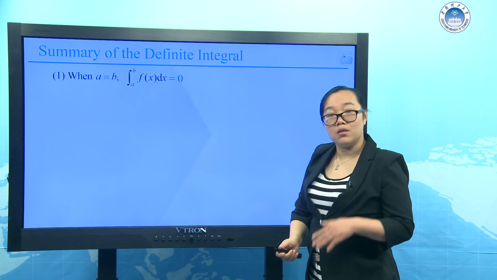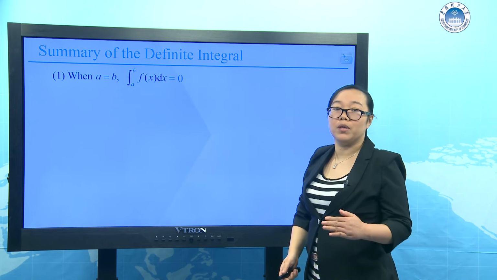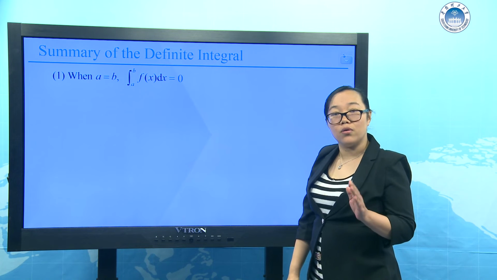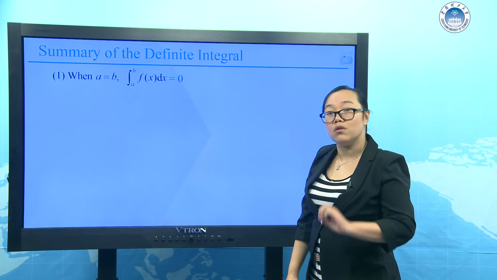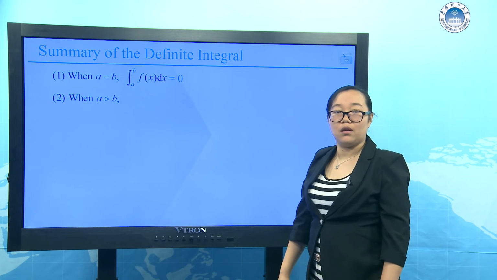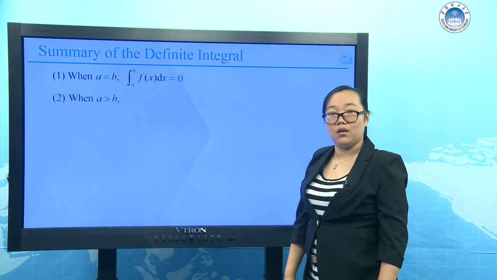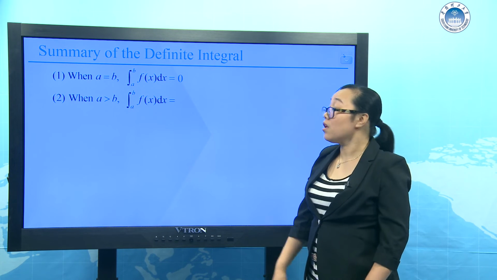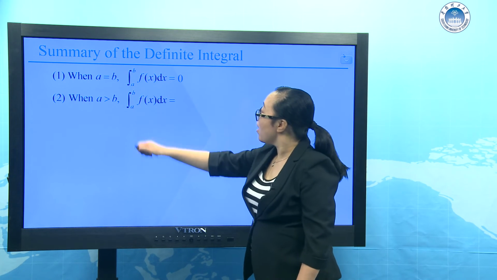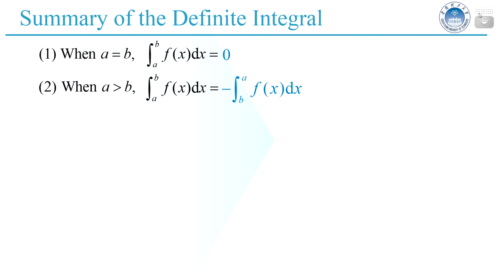At this time, the geometrical meaning is the area of the segment, so it equals 0. Now look at the case where a is larger than b. The integral from a to b of f(x) dx equals the corresponding integral from b to a with a minus sign. How to understand it?